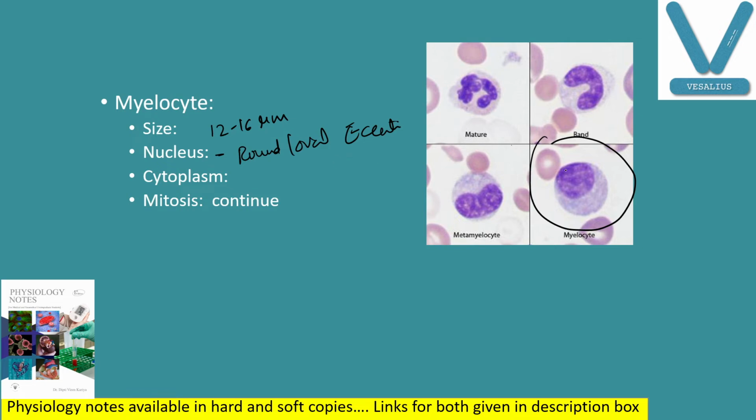You can see here the chromatin inside. In the cytoplasm, specific secondary granules are present, and accordingly the cell can be identified as neutrophil, eosinophil, or basophil. Neutrophil is stained by both the dyes, eosinophil by red color and basophil by blue color. Primary granules are also present, but their formation has now stopped. Mitosis continues here.